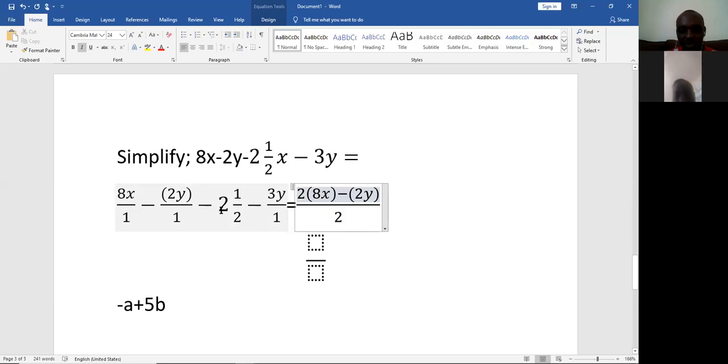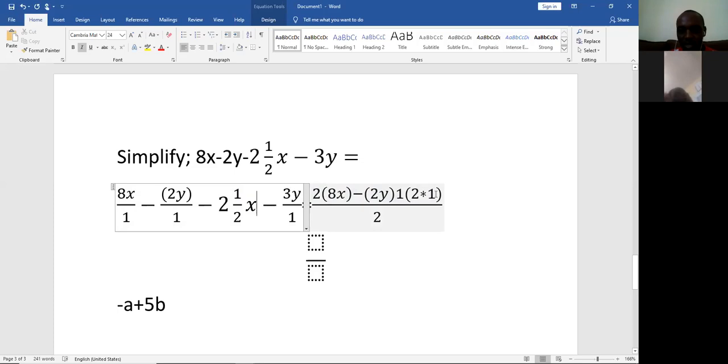1 multiplied by 2 times 1. So this one is going to be like this: 1 multiplied by 2, and again 2 multiplied by 1. So 2 divided by 2, 1, multiplied by 2 multiplied by 1. That's what we have here. And remember this one is x, so multiplied by 1, x.